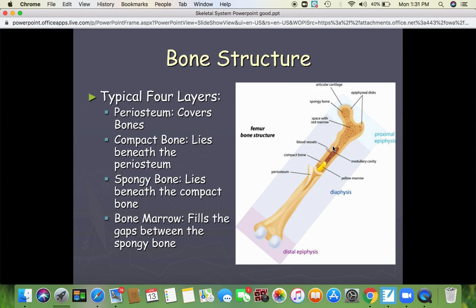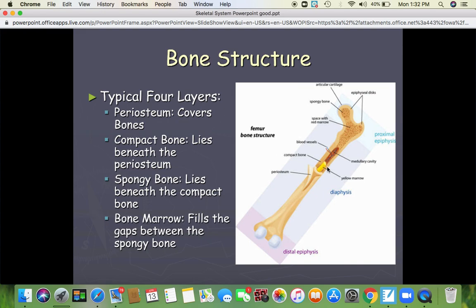It's pretty hard, and then in the middle we have spongy bone, which is a soft material, and there are pockets, not air pockets, but pockets where marrow is going to be. So you see below, bone marrow fills the gaps between the spongy bone. You kind of think of a sponge that fills with water in all the little air pockets. Well, that's kind of the same way there. Bone marrow is going to fill those.